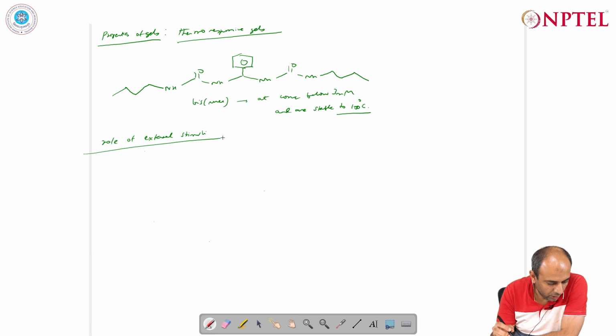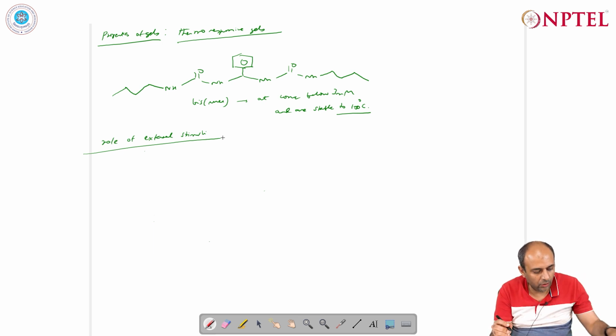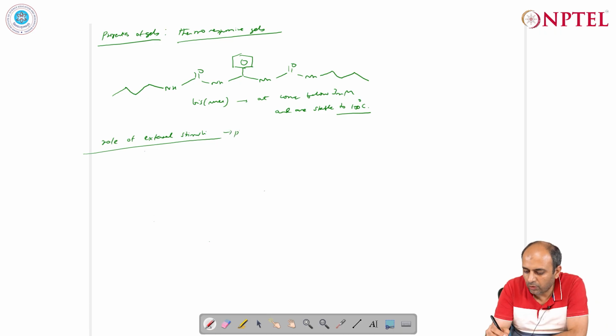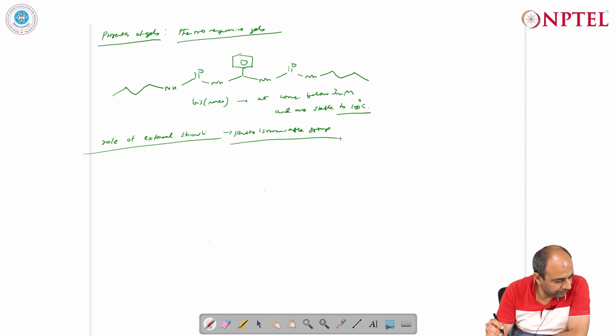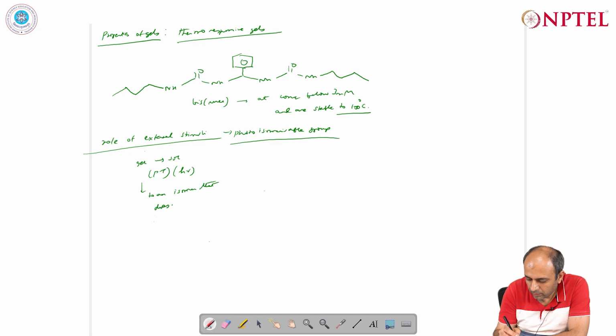For example, you have a photo isomerizable group which is present as a part of the gelator molecule, and it undergoes a gel to sol phase transition in the presence of light, such that it converts the gelator substance to an isomer that does not gelate.